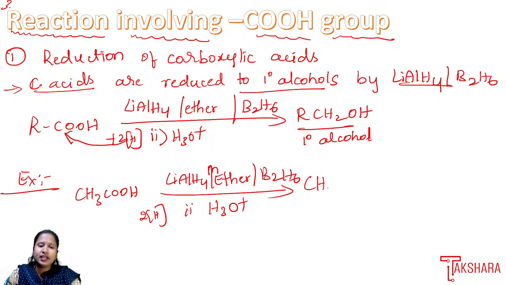We get CH3CH2OH, which is called ethanol. Since the OH group is attached to the first carbon atom, we call it ethanol, or ethyl alcohol.